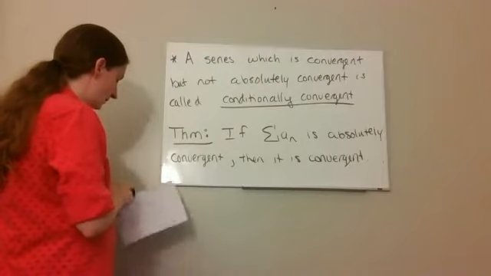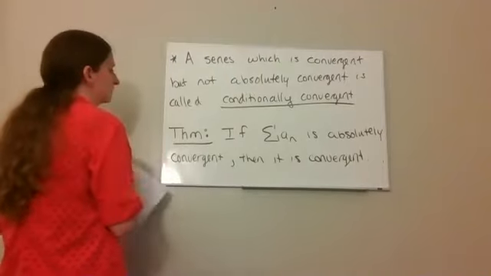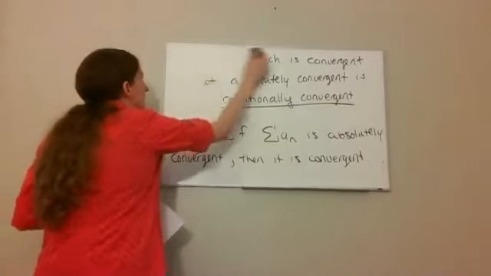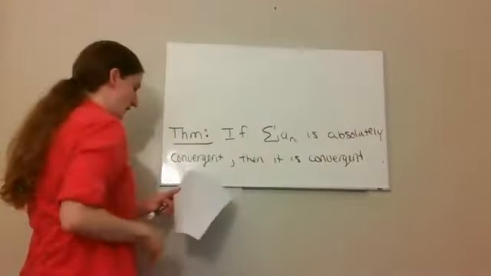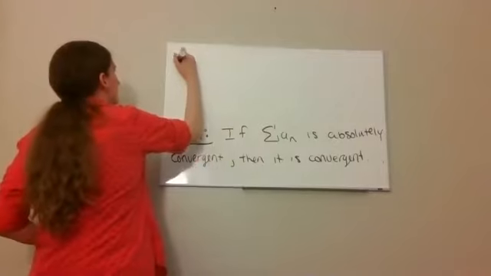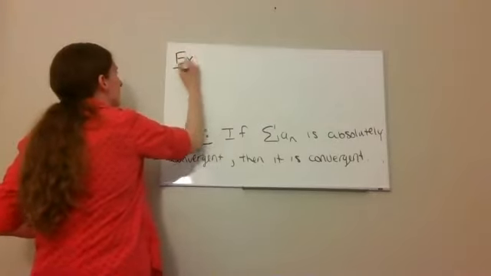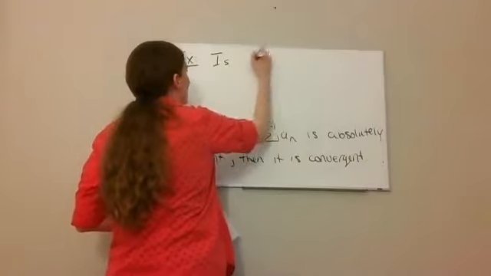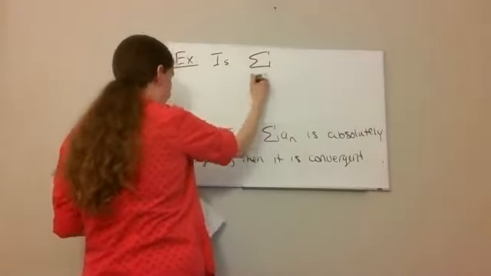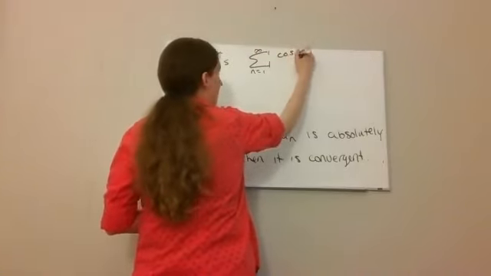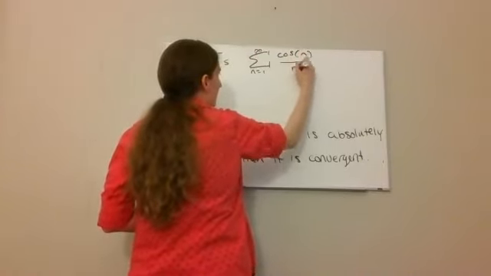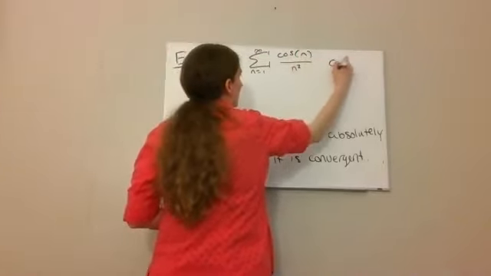Let's do an example. Is the series the sum from 1 to infinity of cosine of n over n squared convergent or divergent?